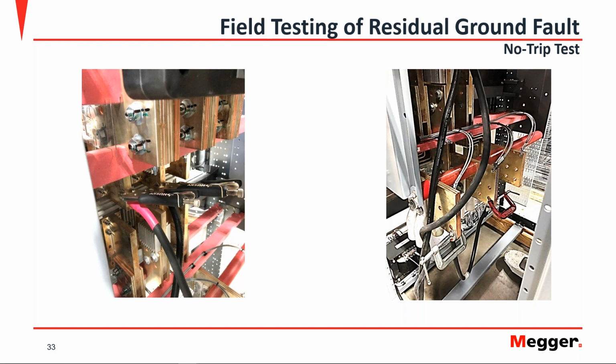Sometimes we use bolted connections, which are preferred, but it will take a little bit longer. We need the hardware. So sometimes we resort to using vice grips or clamps. You just have to make sure that you don't damage the terminal of the circuit breaker, which is easy to do, especially with vice grips. So be mindful of that as well.